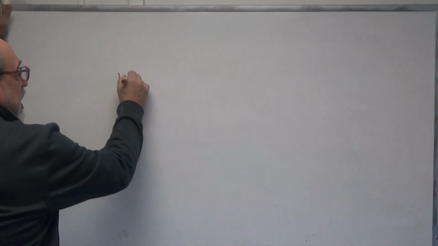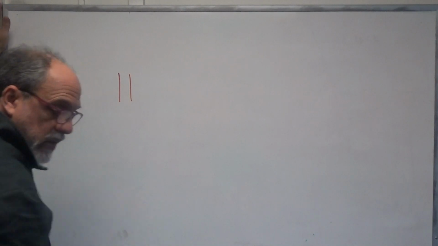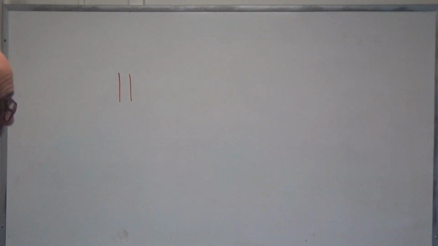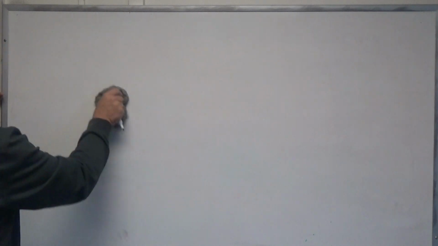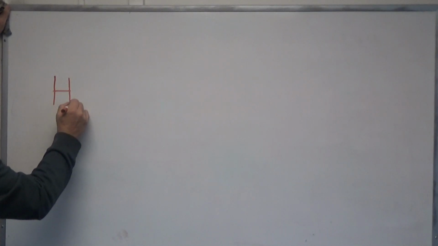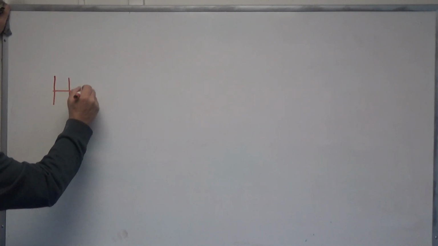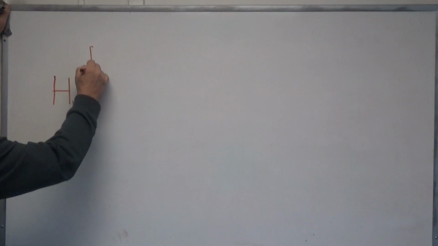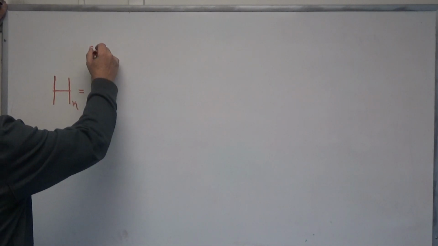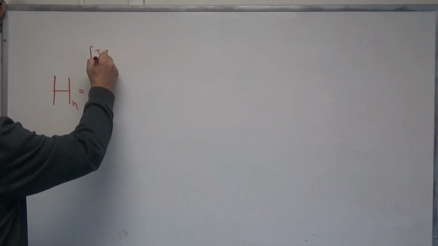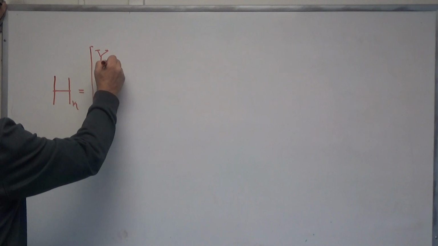We begin by defining a Hankel matrix H_K as an ordering of the Markov parameters. So imagine that we start with Markov parameter k plus 1.